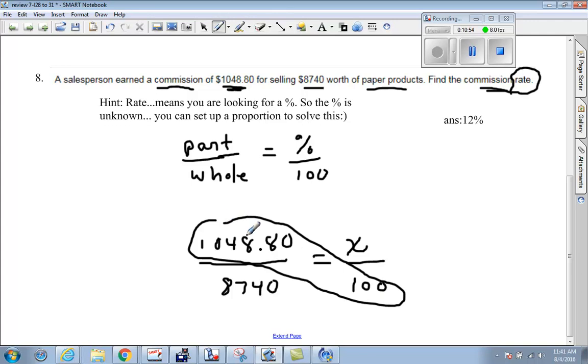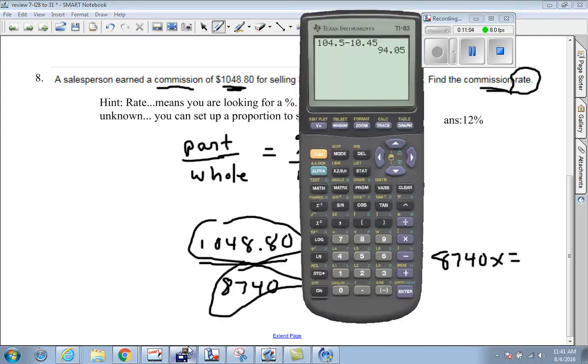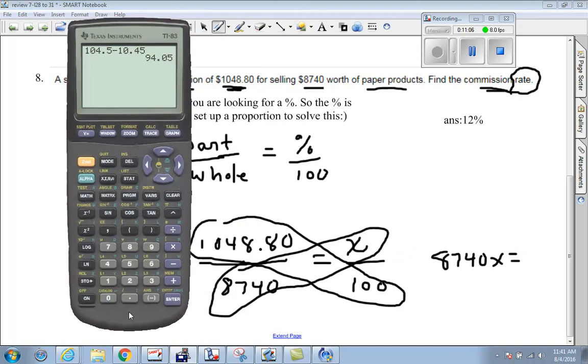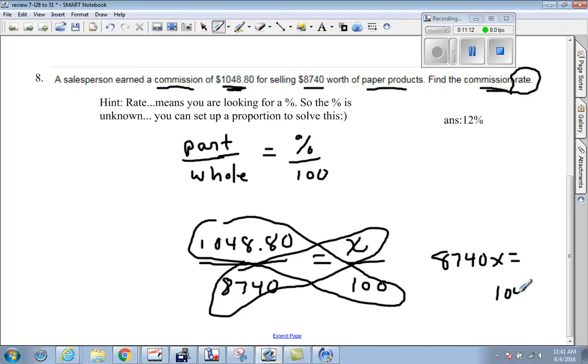We're going to cross multiply and solve. So 8740x equals, I'm going to let the calculator do the lifting for us there, but you know that this times 100 is just going to move the decimal 2 to the right, so 104,880. And now we know we're going to divide both sides by 8740 to solve for x.